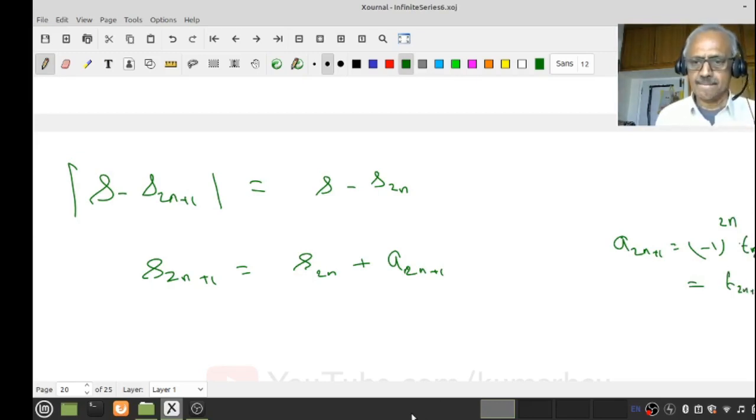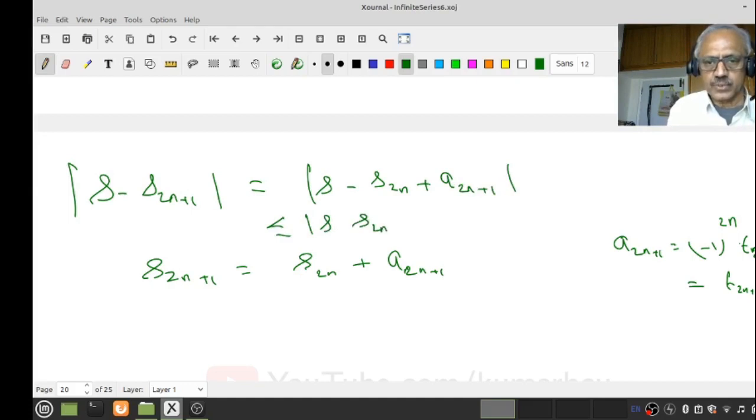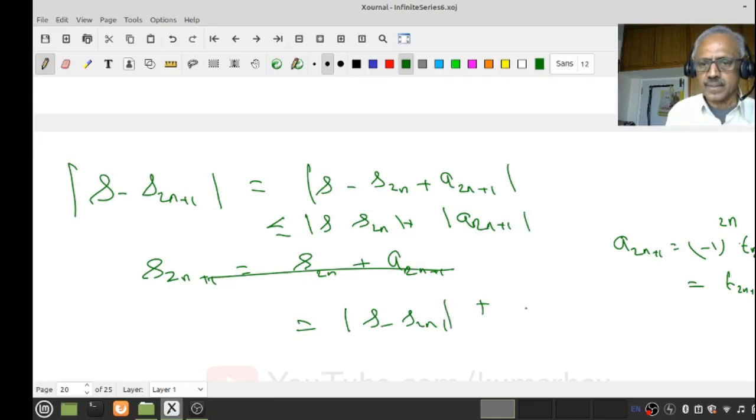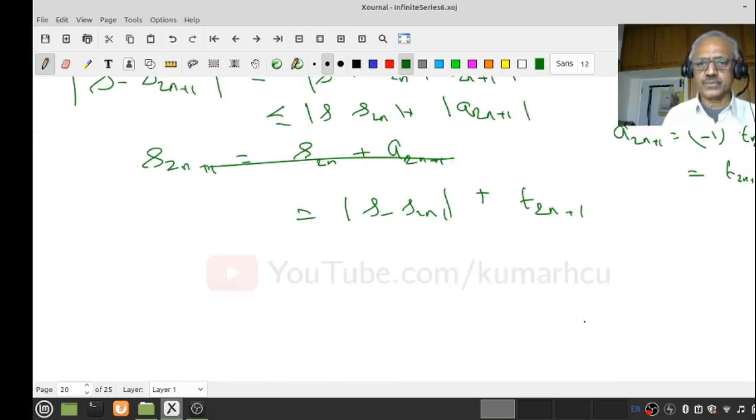Therefore, this object I can write as S minus S2n minus a2n plus 1. But that is less than or equal to modulus of S minus S2n plus modulus of a2n plus 1, which is modulus of S minus S2n plus T2n plus 1. Now I am through.